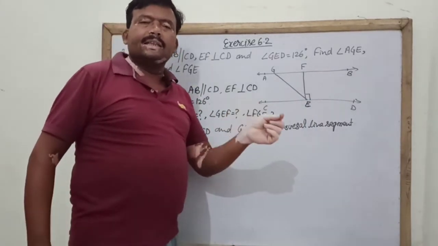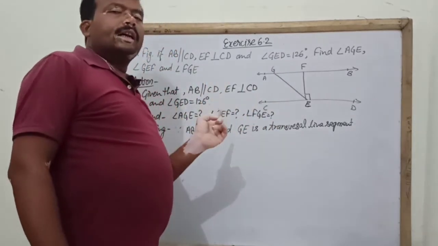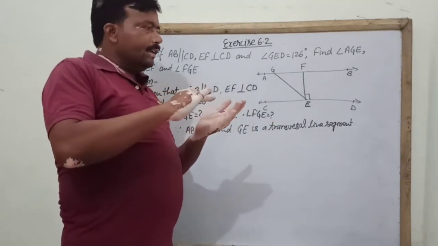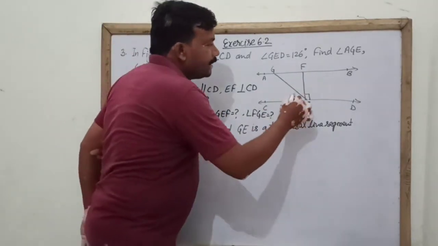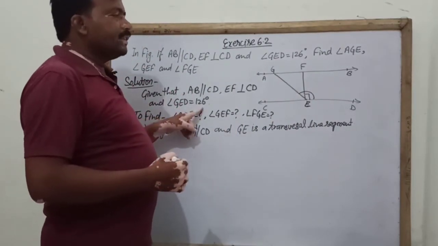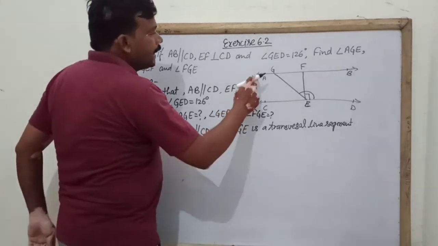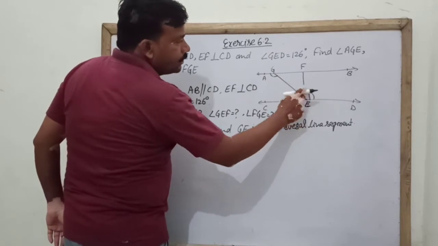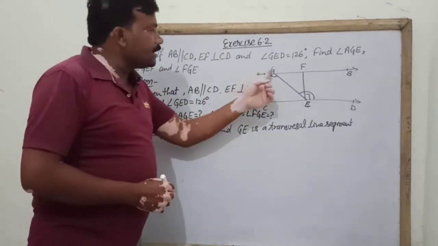How can we relate the given information to the information being asked? The given information is that angle GED equals 126 degrees, and the first one asks for angle AGE. We can connect it: these two angles are alternate interior angles for the transversal GE.